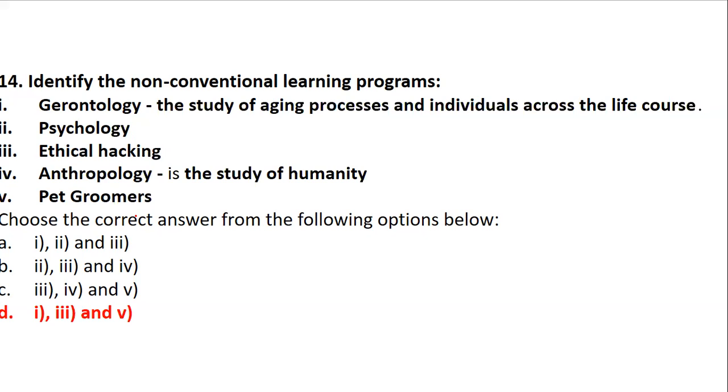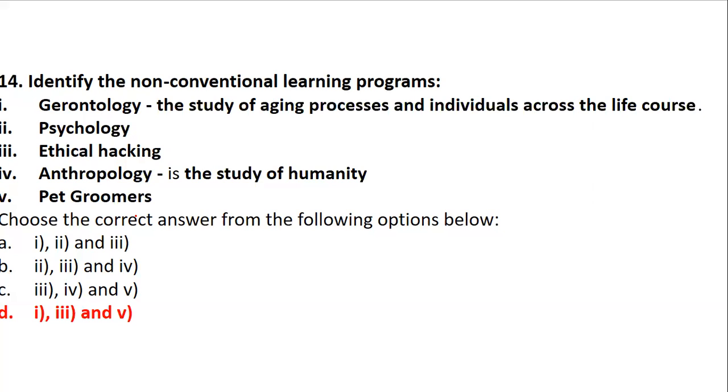Ethical hacking, yes, you can teach it with the help of a system online. Anthropology, again, no, it is a study of humanity, which has to be done face-to-face or in a traditional way. And pet grooming, yes, it can be a form of non-conventional. Please remember, they are saying traditional.